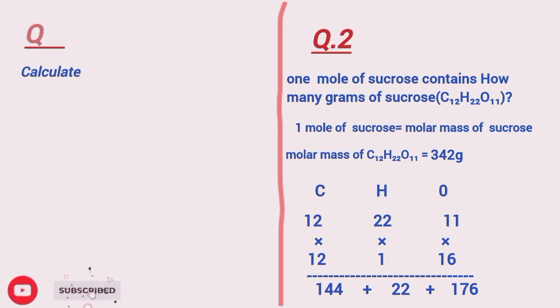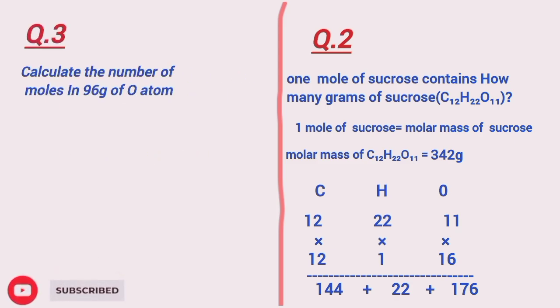Now, let's look at this question. It says, calculate the number of moles in 96 grams of oxygen atom. We know that the molar mass of oxygen is 16 grams, and this means that 1 mole of oxygen is equal to 16 grams. Here, we don't know the number of moles that's equal to 96 grams. So we say let that be equal to x.